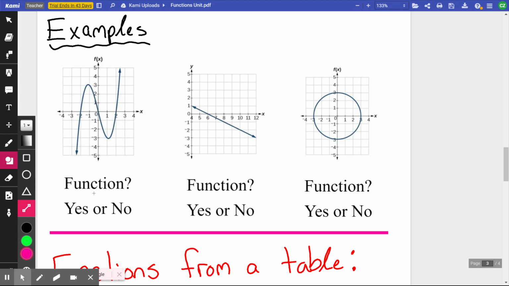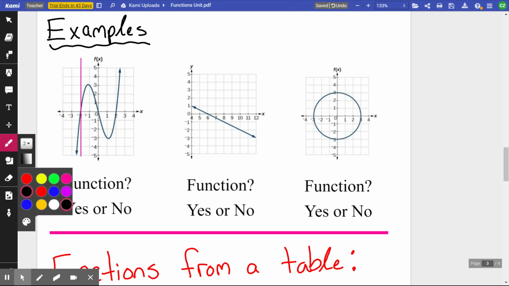So when I go to draw some vertical lines in here, my first squiggly shape here, let's see if I could draw a vertical line here. Okay, so like here, notice it only hits in one spot, right? It's hitting right about there.